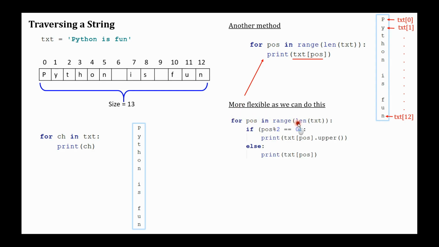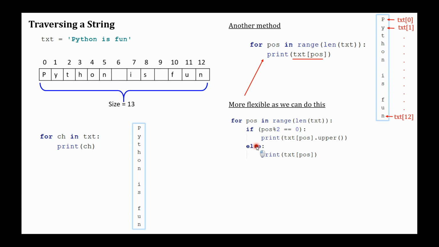For position in range of len(txt), if position % 2 equals 0, we are testing whether this is an even position. If it's an even position, we want to print this character, txt[position], which is getting one character. Print this character in uppercase. Dot upper means get the uppercase of this character. So if it's an even position, we print it in uppercase.